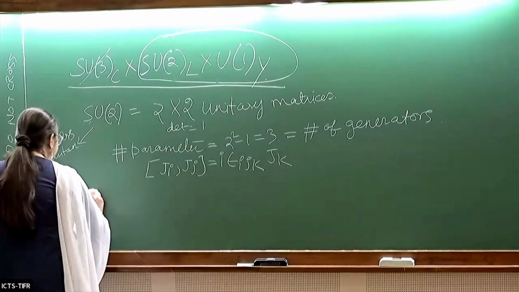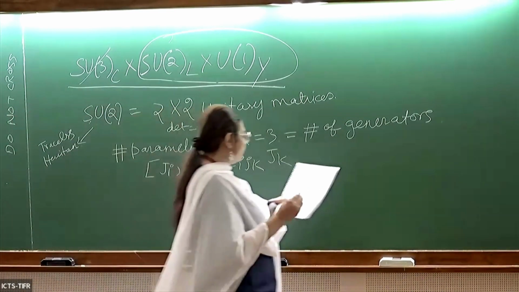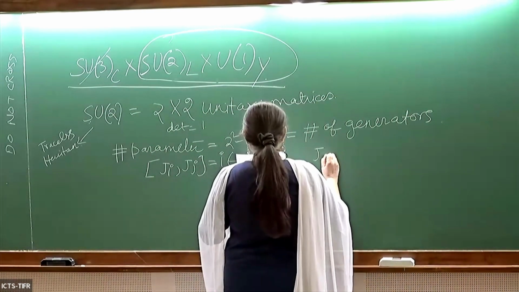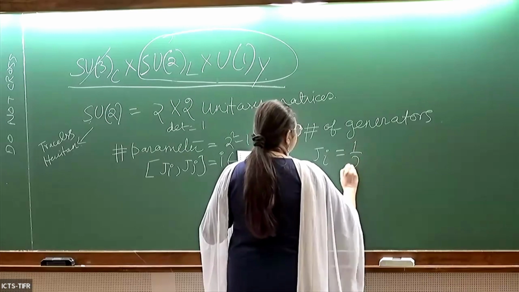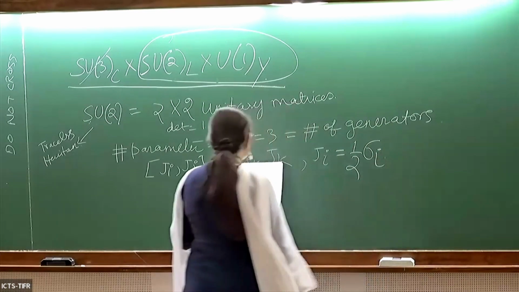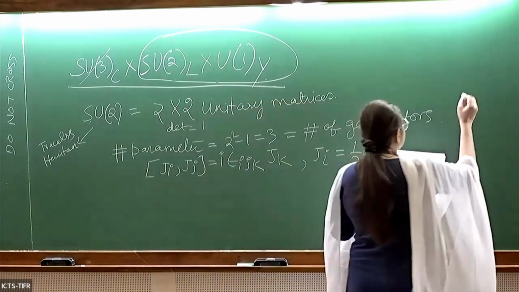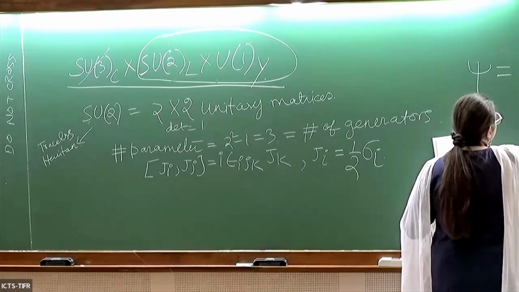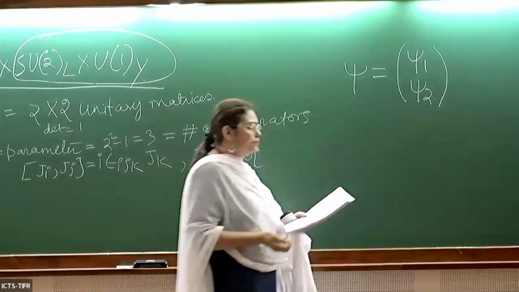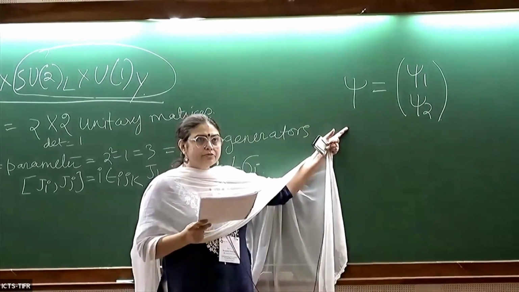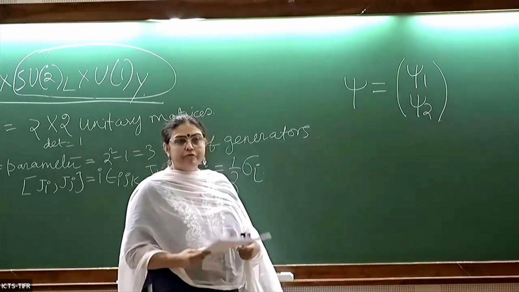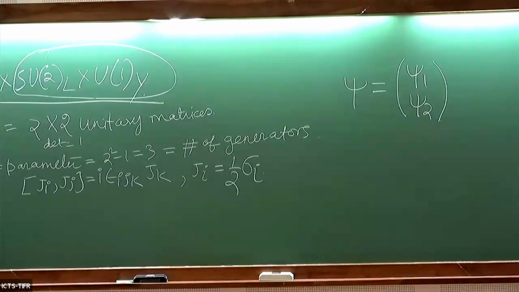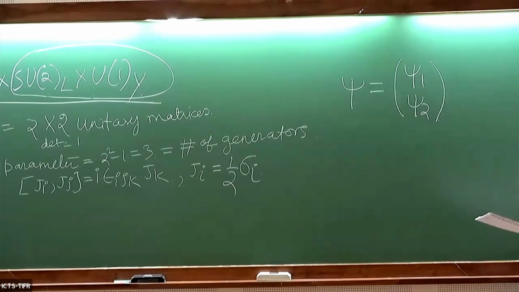So supposing my SU(2) generators are J_i equal to half sigma_i, where sigma_i are my Pauli matrices, and I call psi, which is psi_1, psi_2, then this is a doublet which belongs to the fundamental representation of SU(2). And what is a fundamental representation? Fundamental representation is the lowest dimensional representation.